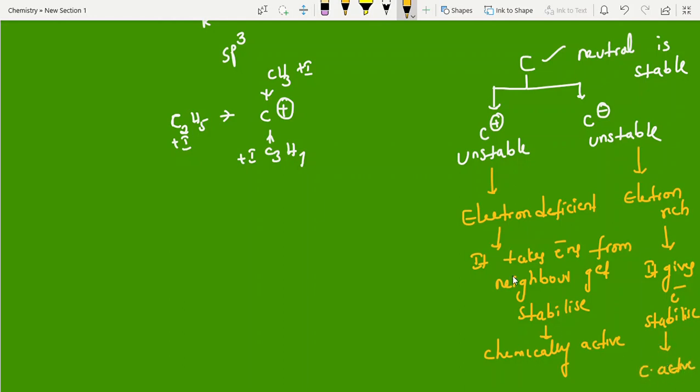Giving electrons, taking electrons means participating in bond formation, chemically active. Suppose an electron deficient compound is there, it takes electrons from the neighbor and goes to the neutral position. A carbanion gives electrons and goes to the neutral condition. Clear, students?